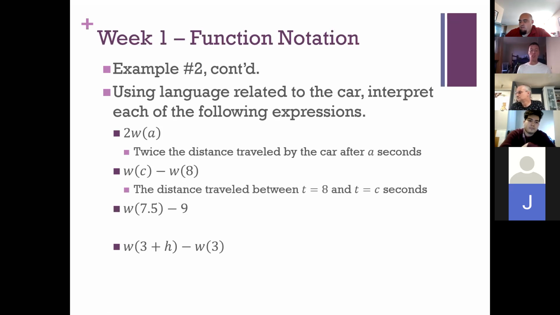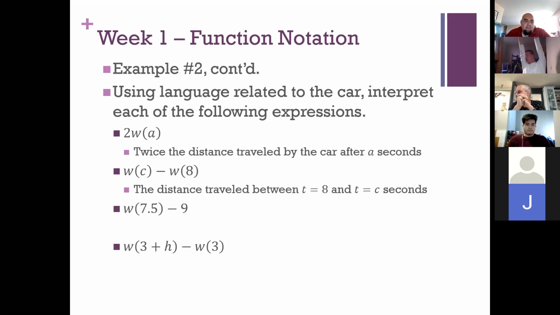Right, next, W of 7.5 minus 9. That would be the distance at 7.5 seconds minus 9 feet. Caitlin says the distance at 7.5 seconds minus 9, 9 feet short of the distance traveled in 7.5 seconds.